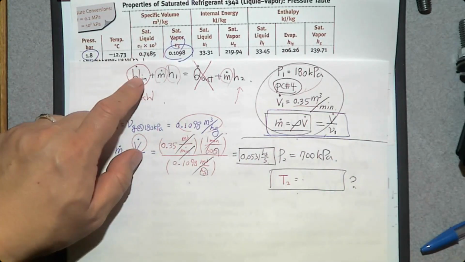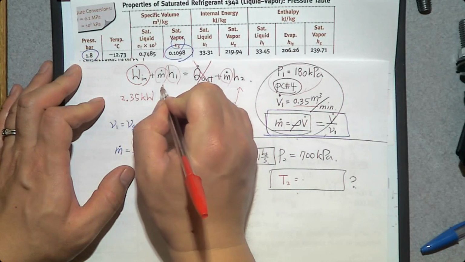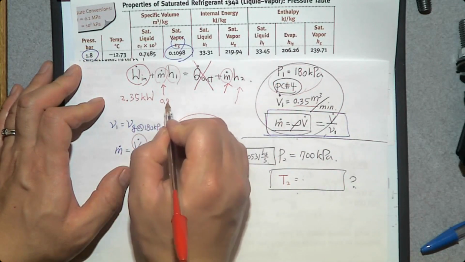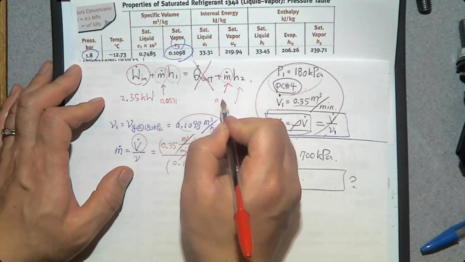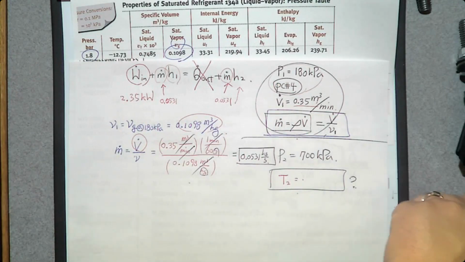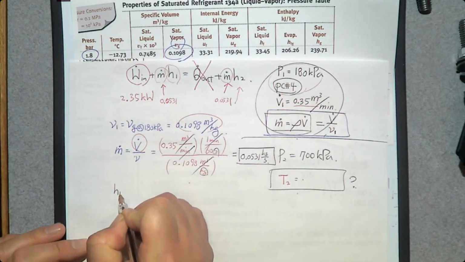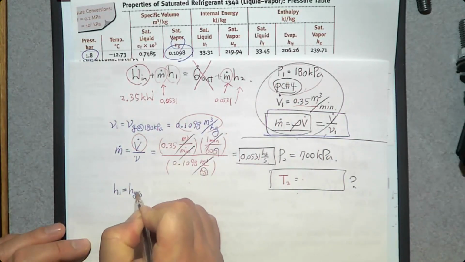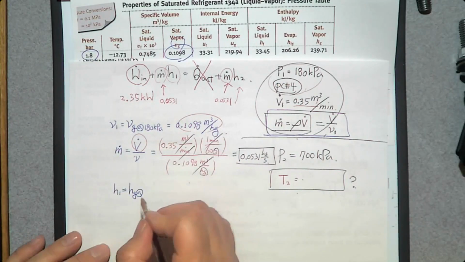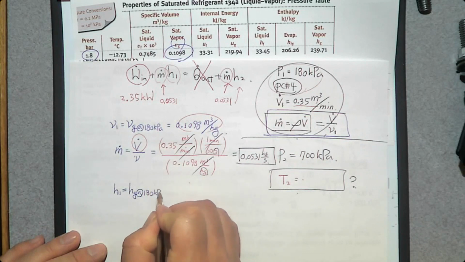Then going back to this energy balance equation, now we know m dot, 0.0531. So now H1, how can we determine H1? Again, this is saturated vapor, so H1 is Hg at 180 kilopascal.